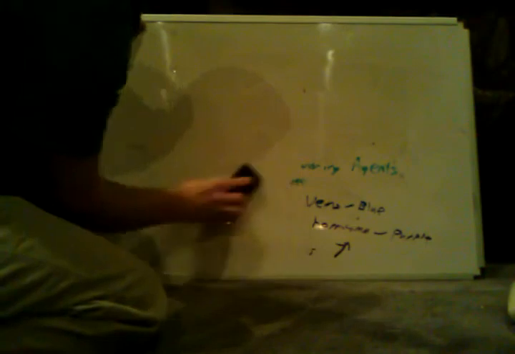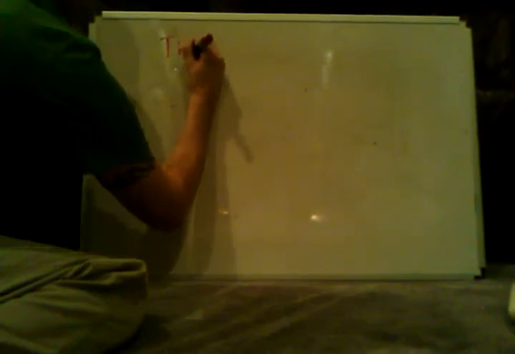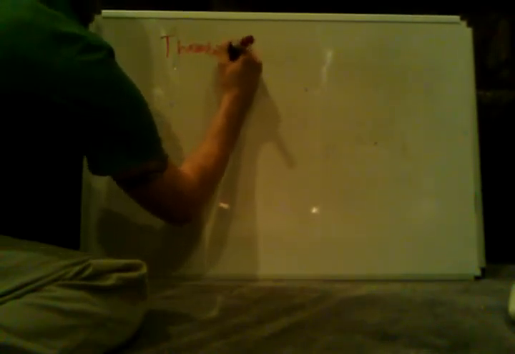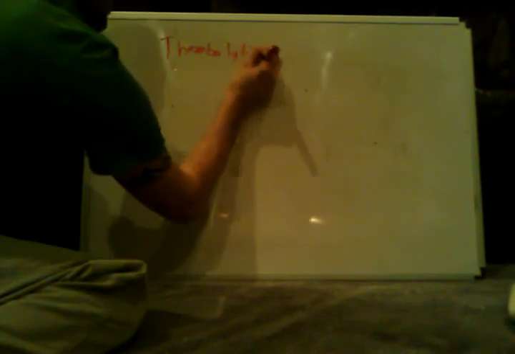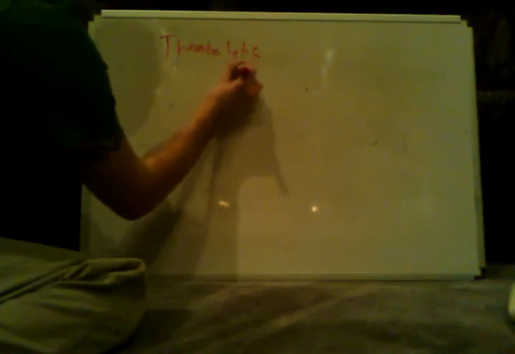Now, just like the other ones, I'm going to go through each one, kind of tell you how I remember the drugs in each of them. So, first one is thrombolytic, focusing on the lytic part.